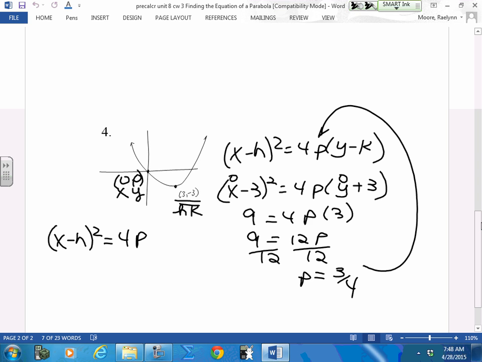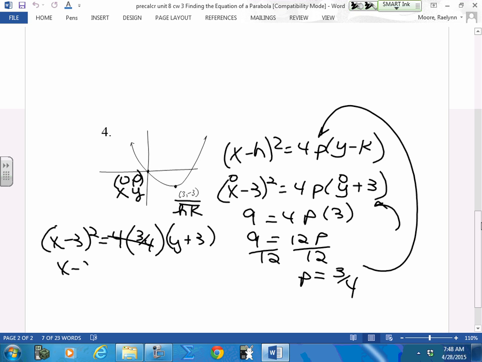The 3/4, substitute it back into here. Go back into this one. We have a vertex, so we have to keep this. Here's your p. Make it 3/4. This reduces. Good?